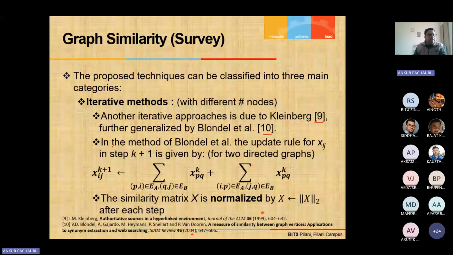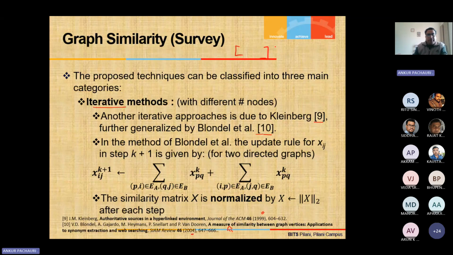Okay, and the method of Blondel. I think we have come across this paper earlier also, but not in that sense of finding out similarity, I think in terms of connectivity at that time. Okay, so he came up with an update rule, and as this is an iterative method, we will have a matrix, like a Markov chain.